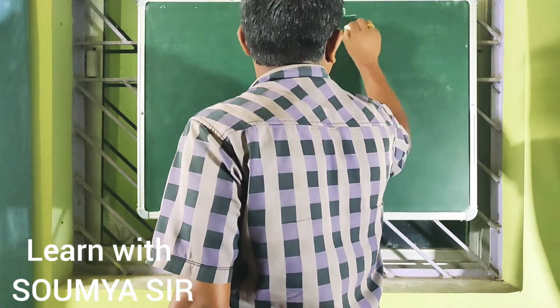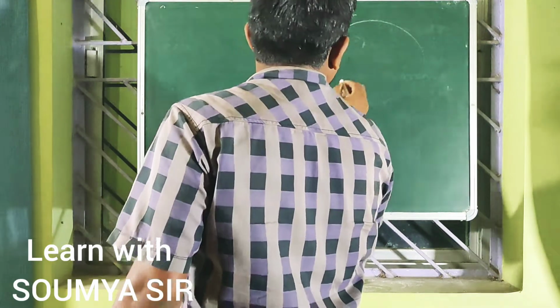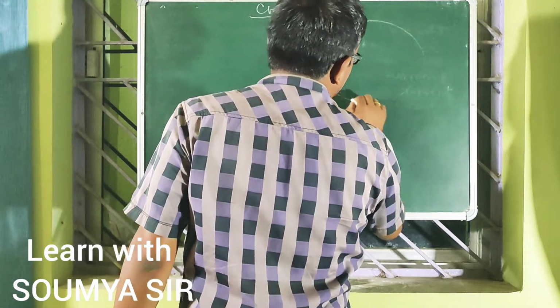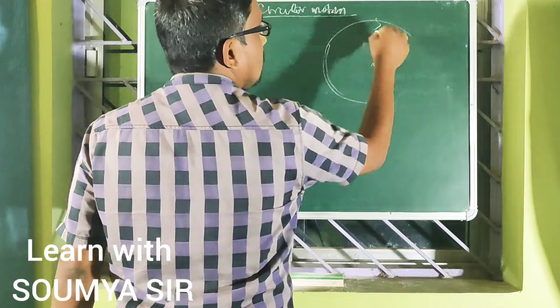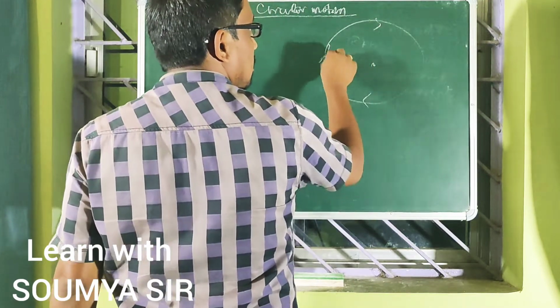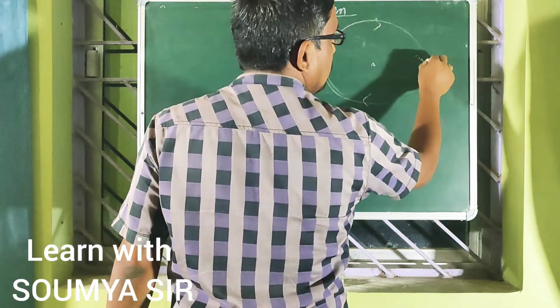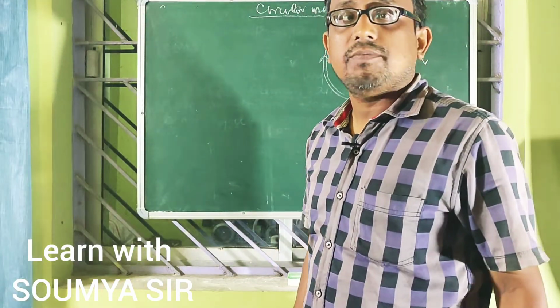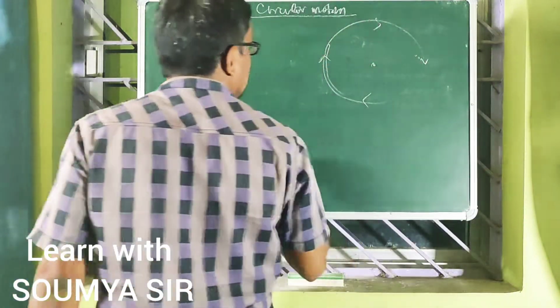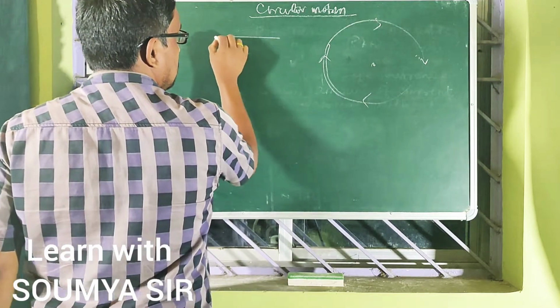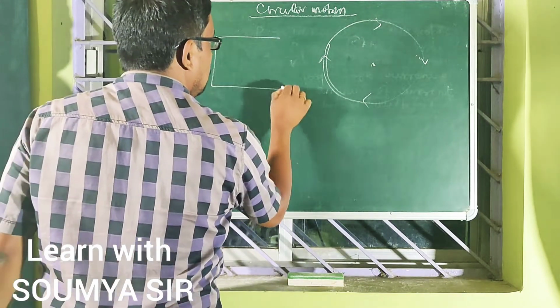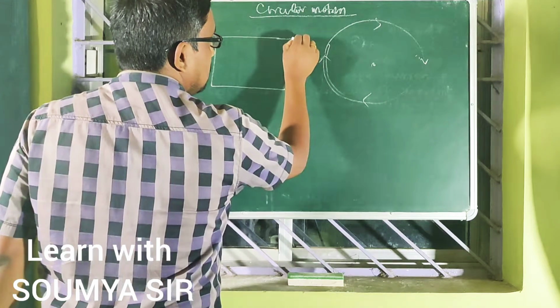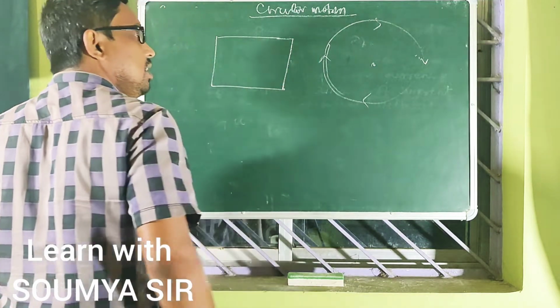If I take a circular path here and the body moves in this path, the motion will be circular motion. So how will the circular motion take place? Let us do something a little different.